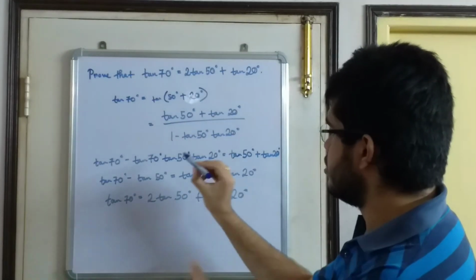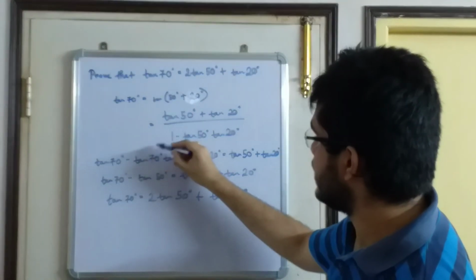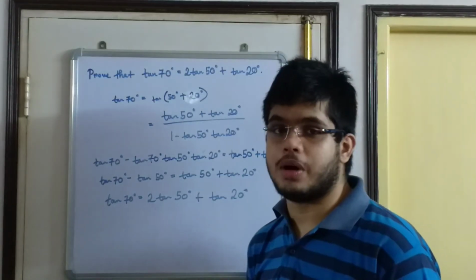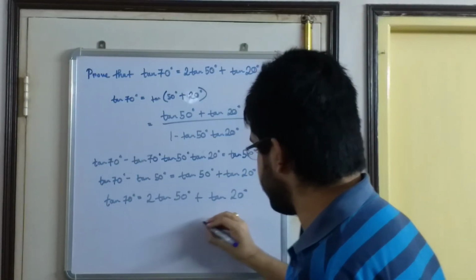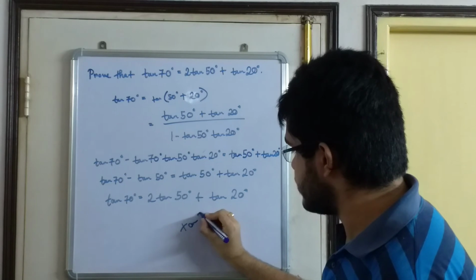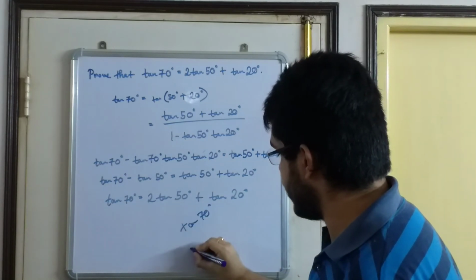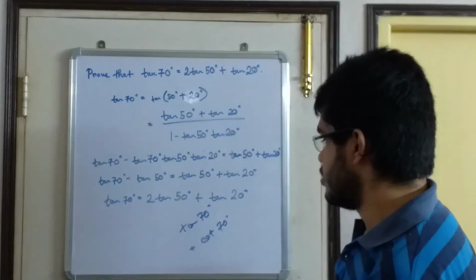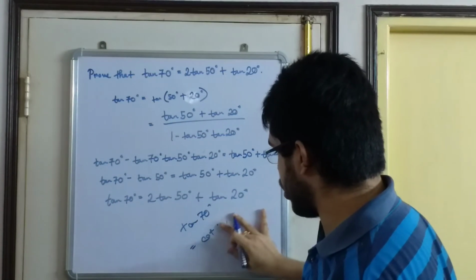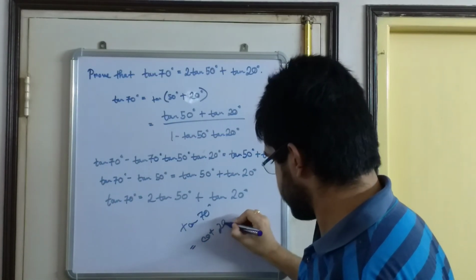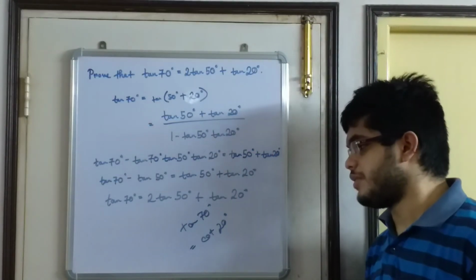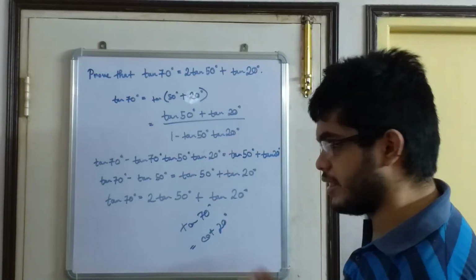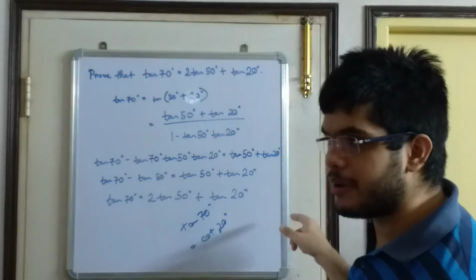Now see here, tan 70 into tan 20 is 1. Why? Tan 70 we can write as cot 20 because tan theta is equal to cot of 90 degree minus theta.